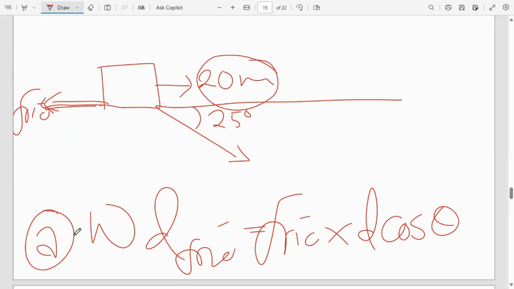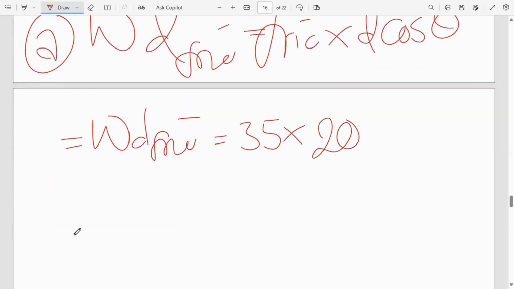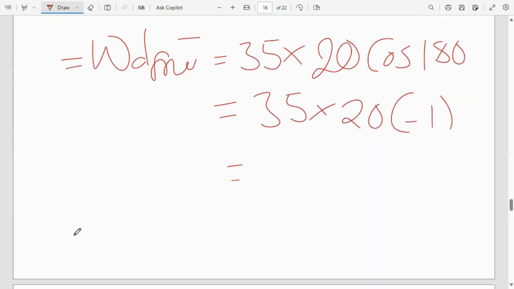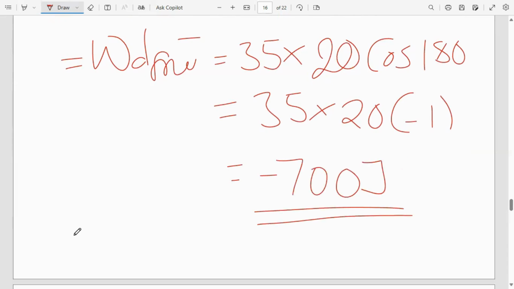So the angle there is 180 degrees, and that's what we plug in our formula: cos 180. Cos 180 is equal to -1. So I plug in my -1, and if I do my multiplication, I get -700 joules as the work done by friction.